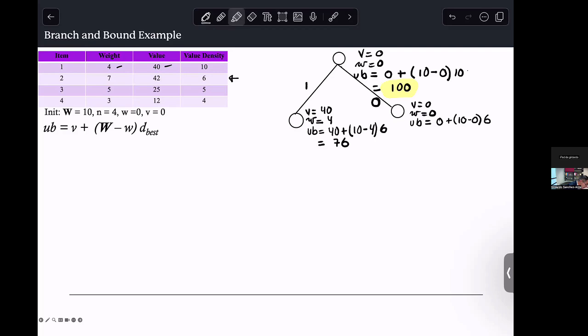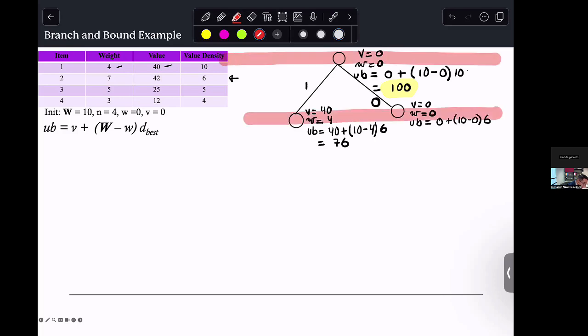Remember that, and I will change the color here. Remember that every level of the tree is related with one of the items of the table. So here it was for the item 1, see, here it's going to be for the item 2, and so on. All right. So let's complete this computation. UB here is going to be 60.